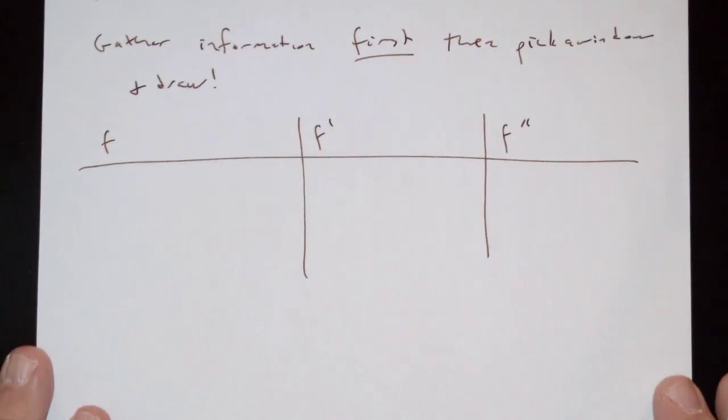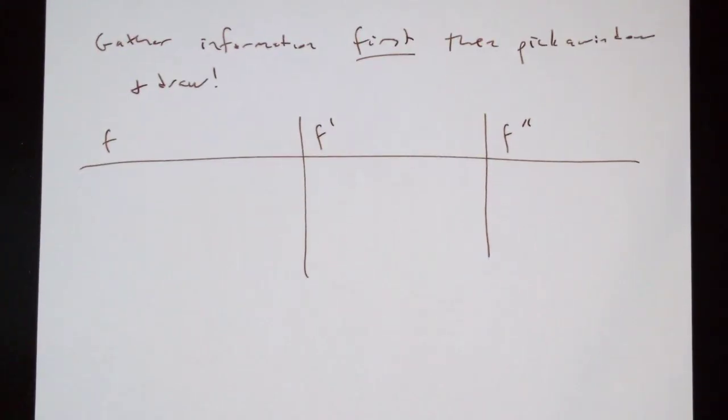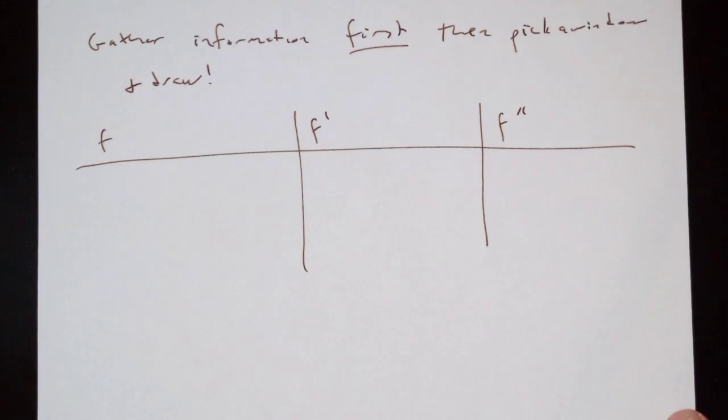If I can get information from each of these, what information can I get? So let's think about the original function f. Ignore my derivatives for a moment. Let's just think algebra.